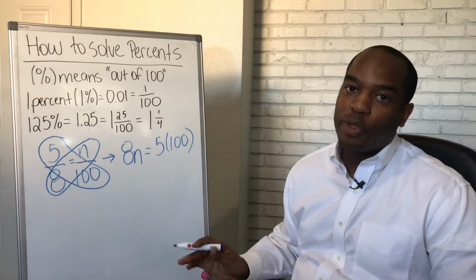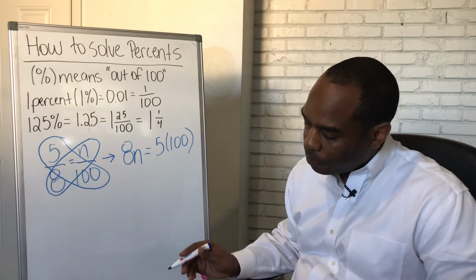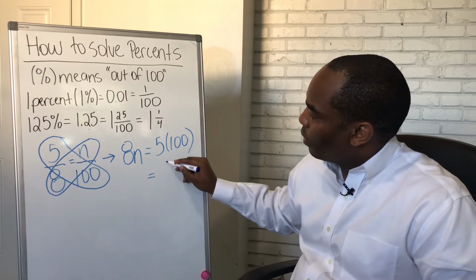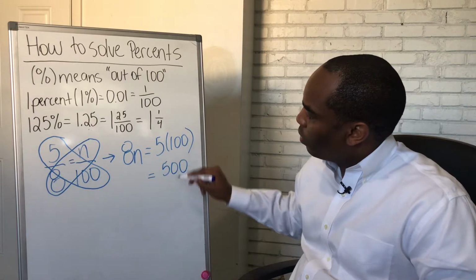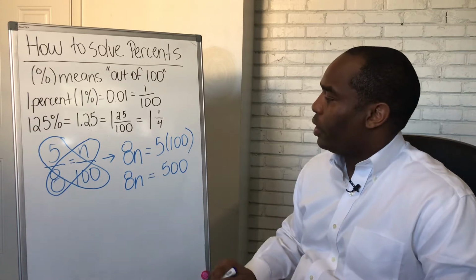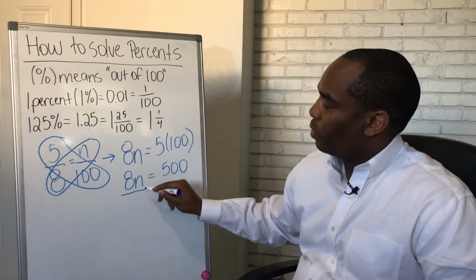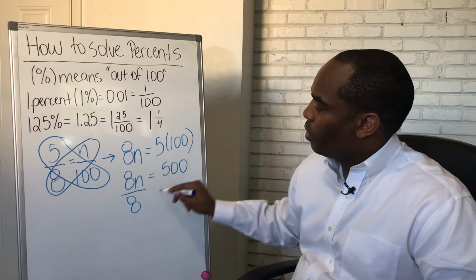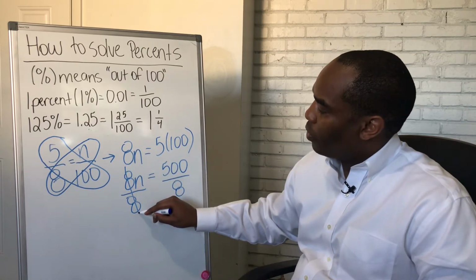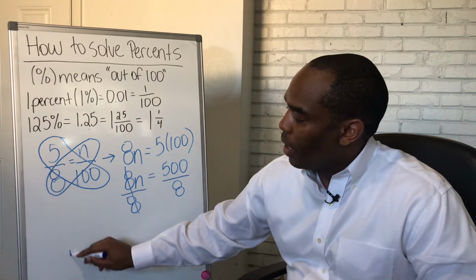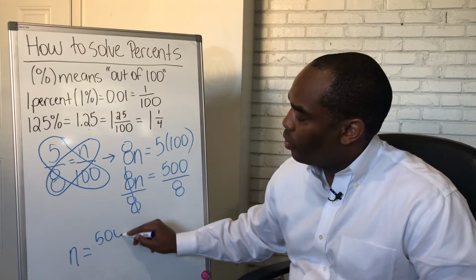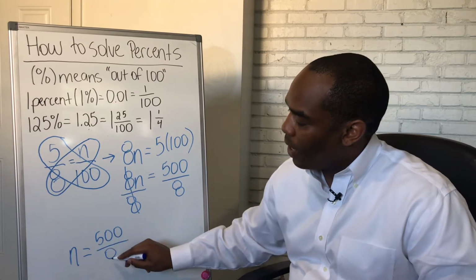Next, I'll solve this problem for n. 5 times 100 gives me 500. 8 times n comes down. I divide both sides by 8. My 8's cancel, and then my problem is n equals 500 divided by 8.